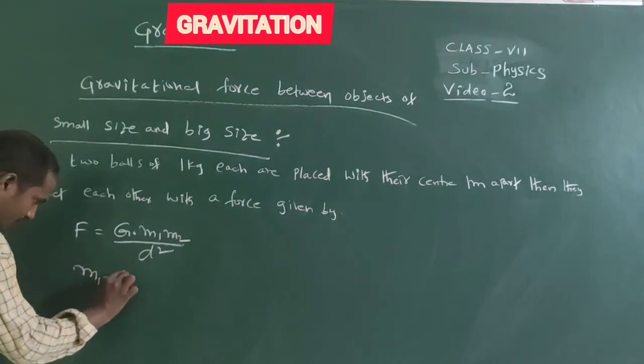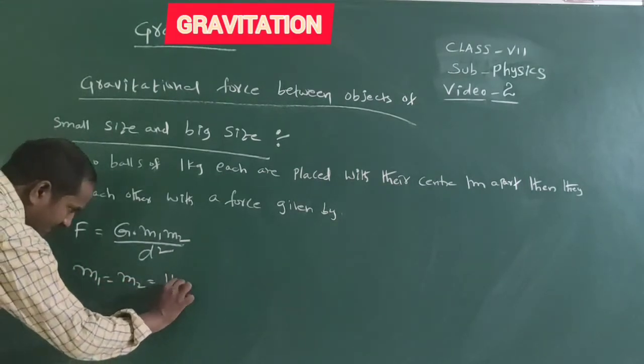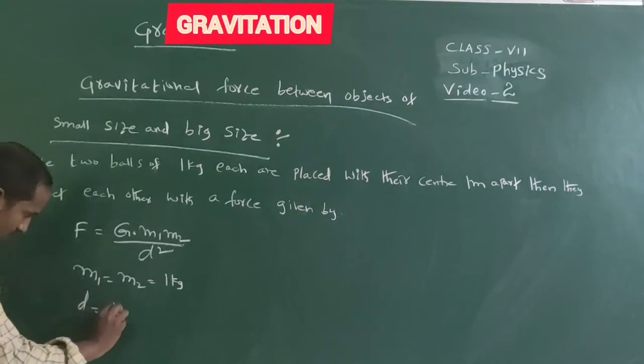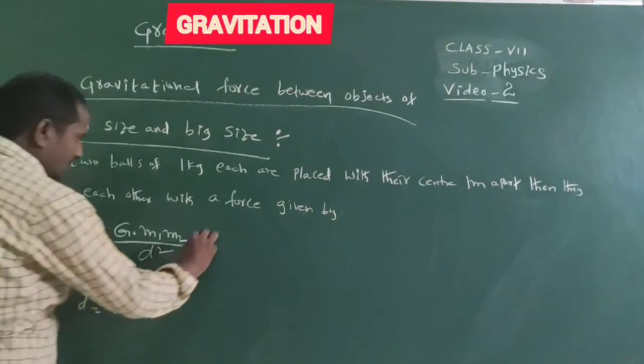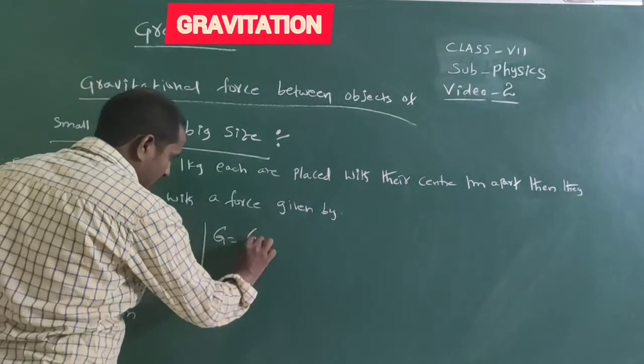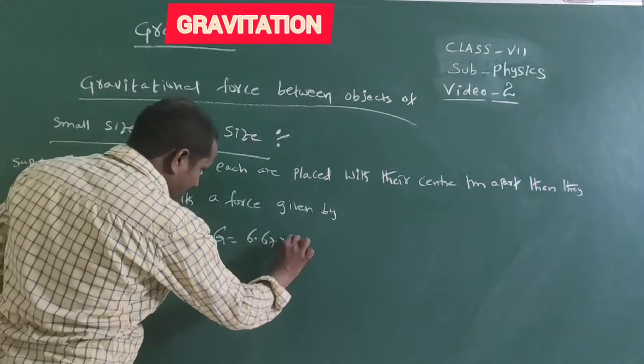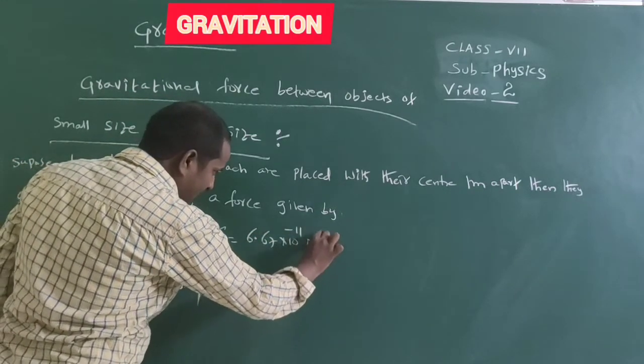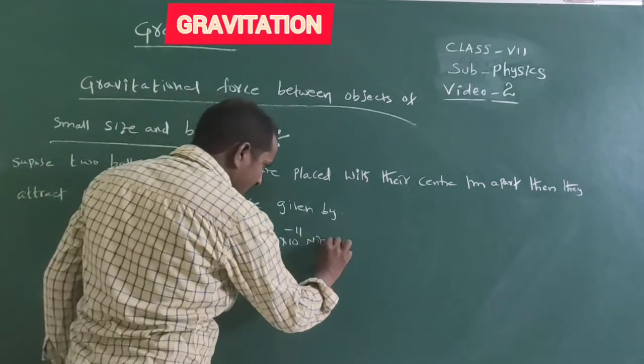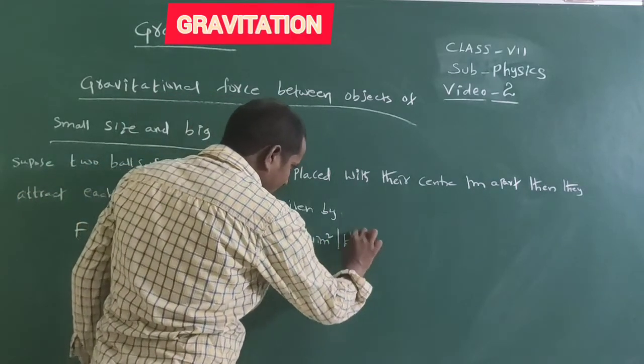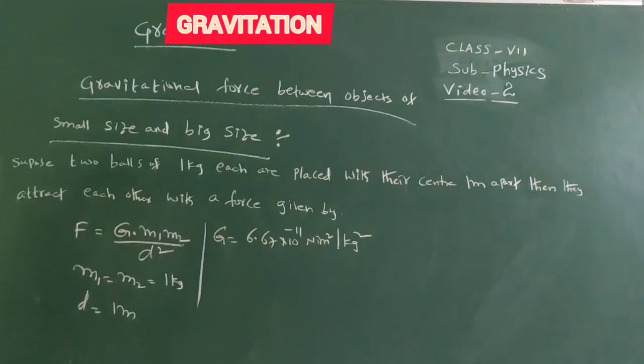Here M1 equal to M2 equal to 1 kg and d equal to 1 meter, and G equal to 6.67 into 10 power minus 11 Newton meter square by kg square.